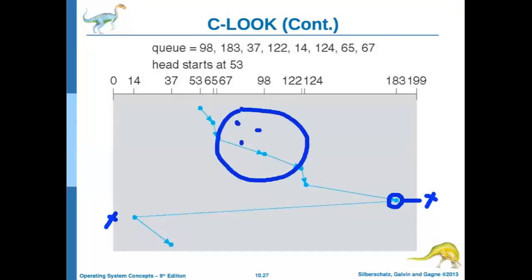If my requests are something like this, they are centered, something like this. Okay, so it will make a movement something like this one, beginning, something like this. So fewer head movements will be required for that. Okay.